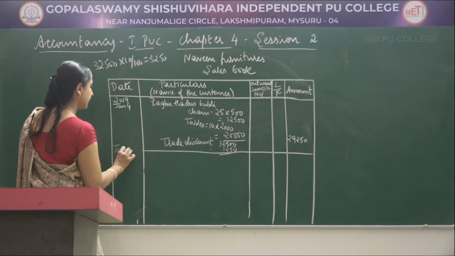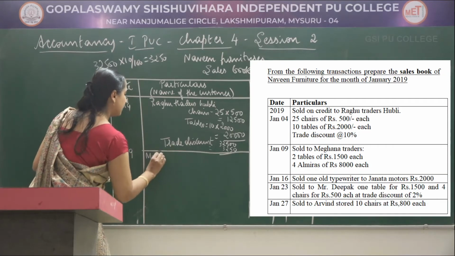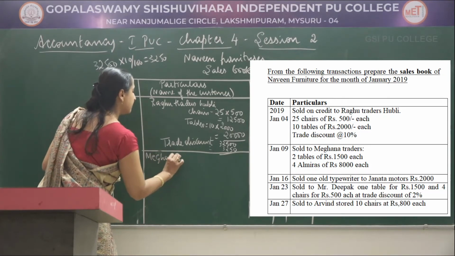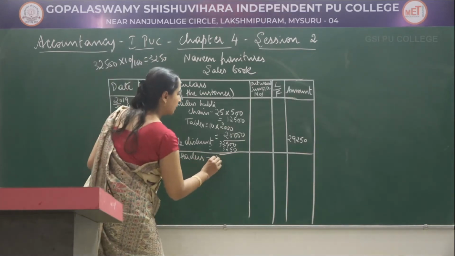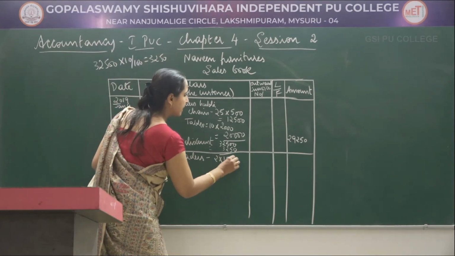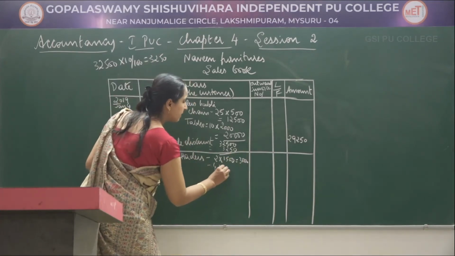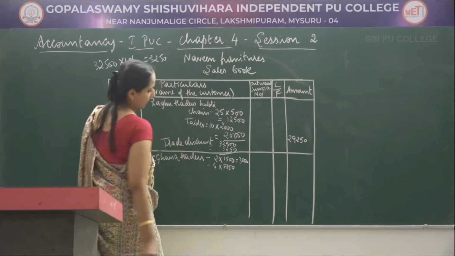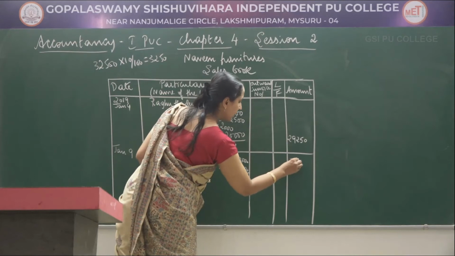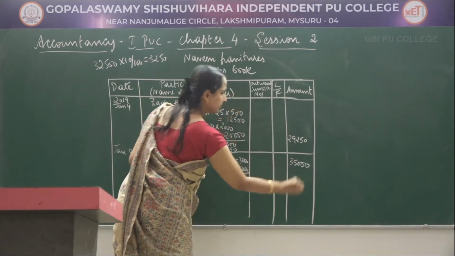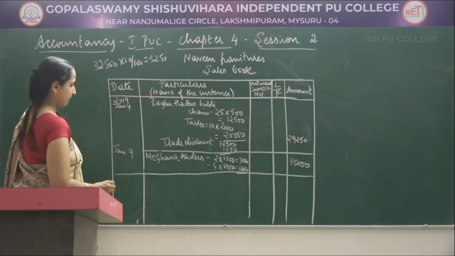On January 9th, they have sold goods to Meghana Traders, that is 2 tables of 1,500, it comes to 3,000, and 4 almirahs worth rupees 8,000. So it comes to 32,000. So the total of this comes to 35,000. This is the transaction which is related to Meghana Traders.